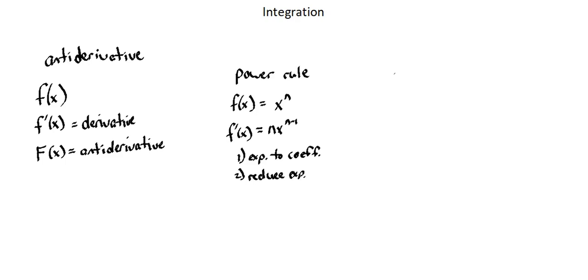So for my antiderivative, I'm going to use a reverse rule, the reverse power rule. So if I'm starting with the function x to the power of n, I want to go in the opposite order. So my first step will be the second step in reverse of the power rule.